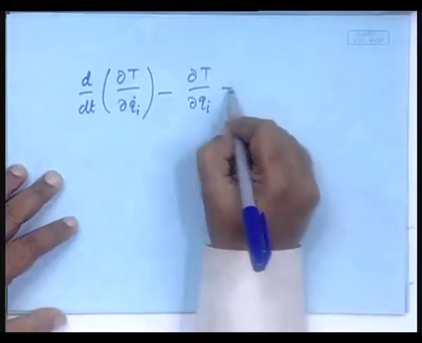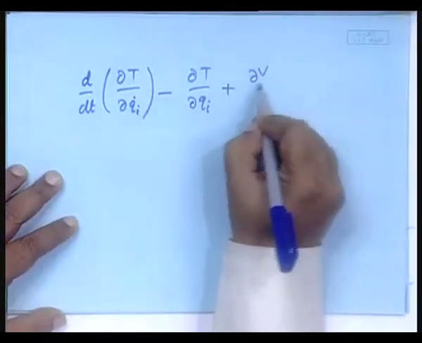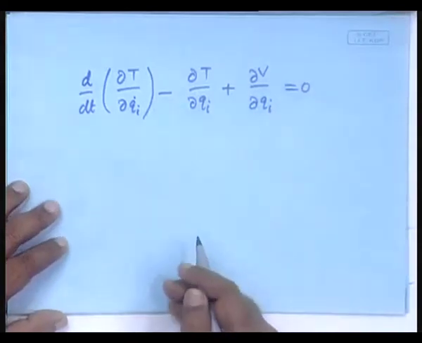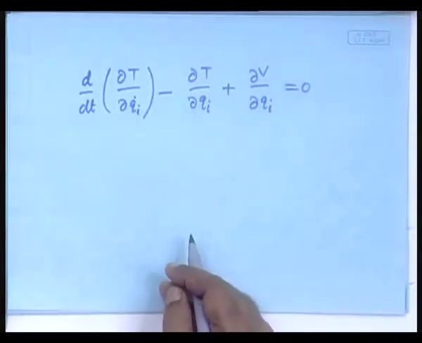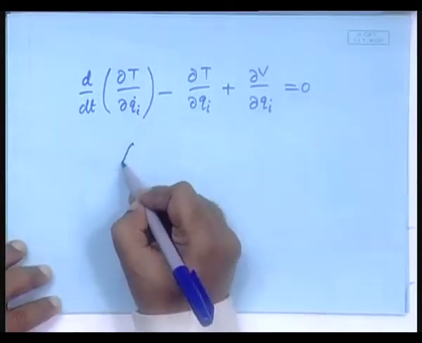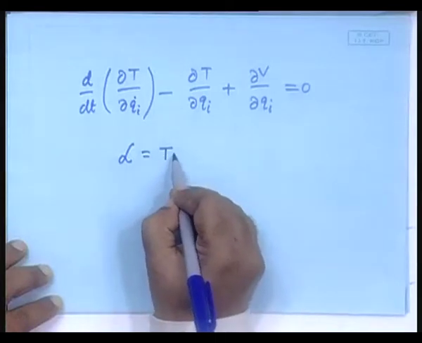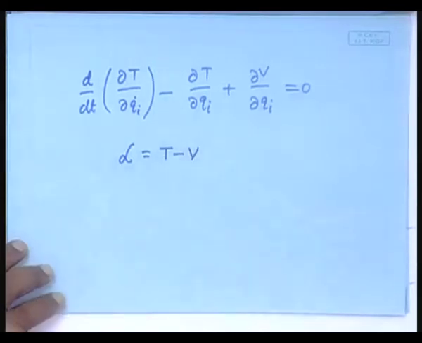So, this will be plus. Now, Lagrange defined a new term, now it is called the Lagrangian. We write it as script L, which is the kinetic energy minus the potential energy.